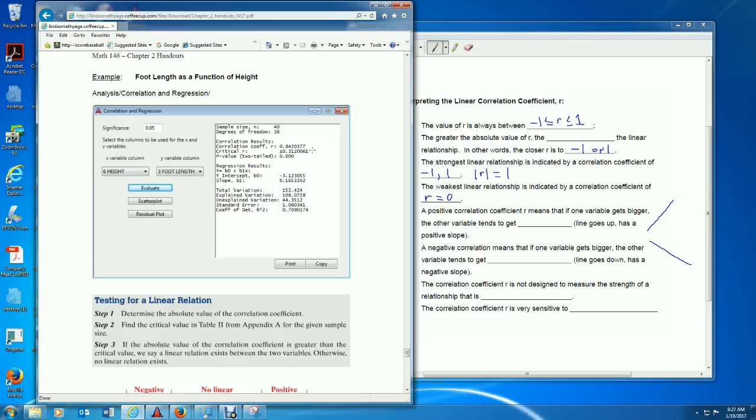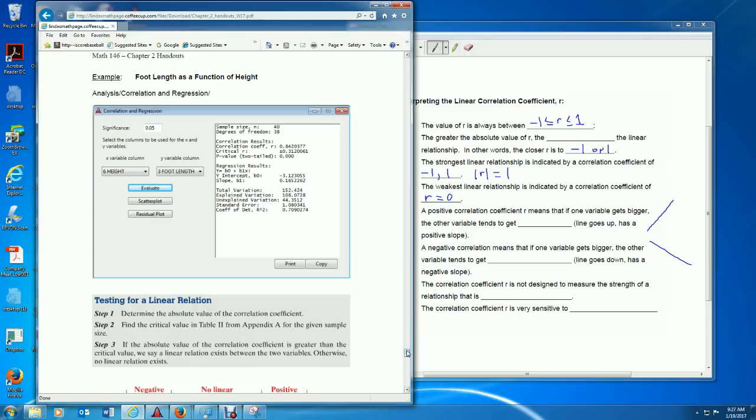The critical value depends only on the sample size, how many data values were there, and the confidence level. And we're going to assume a confidence level of 95%. The sample size here, it's given right up here, n equals 40, meaning there were 40 pairs of XY data.